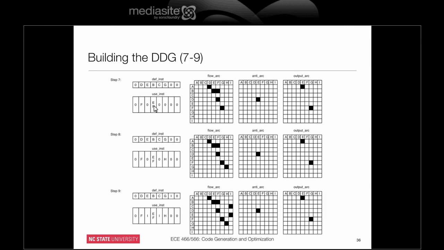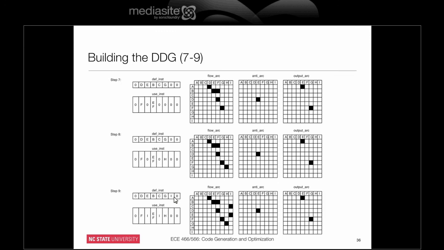That's the reason we're tracking these here. You also see that eventually we fill up a lot of this def register array with different instructions because they're all defined in different registers.